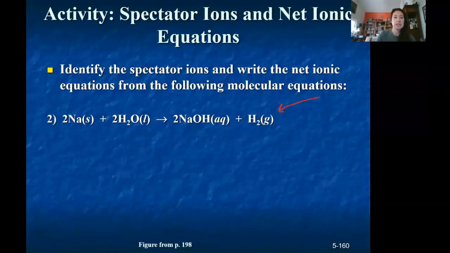Okay, so again, we're gonna break up anything that's AQ. You have to leave solids and liquids together. So this just states 2 Na(s). And I am going to put all the states here. 2 waters has to stay together.